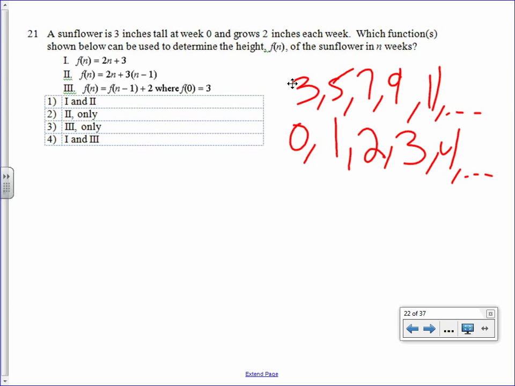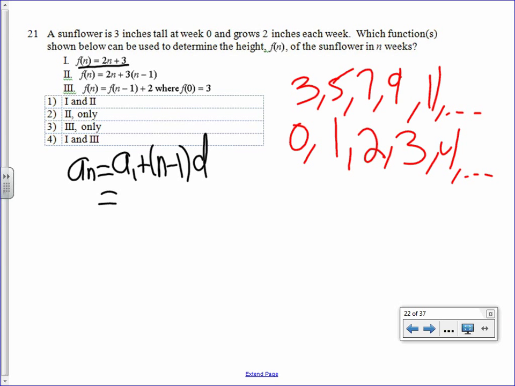Well, let's see. Is this sequence this? Well, we have our formula for arithmetic sequences on our reference sheet. A sub n equals a sub 1 plus n minus 1 d.